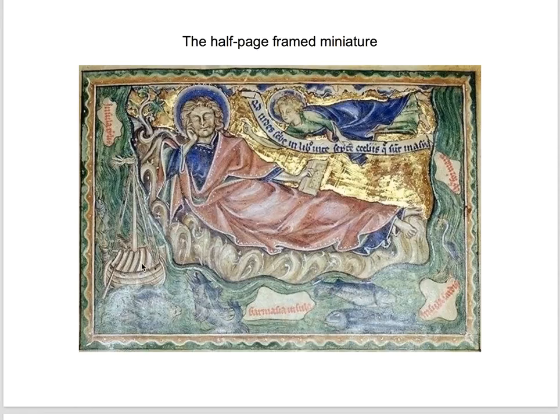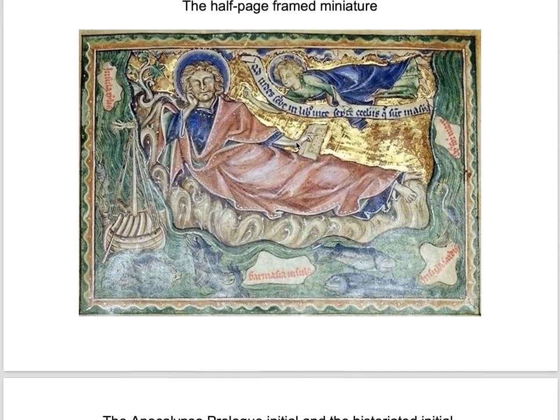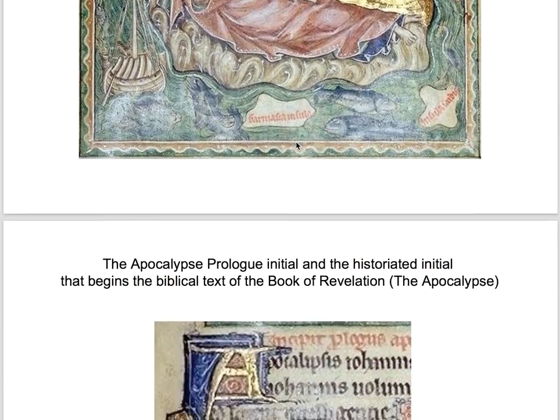Then we have a ship in the sea and other fish and sea creatures swimming around. So we've got this aerial view combined with a more typical frontal view of John, and an angel comes to visit him in a dream. The Book of Revelation is the story of John's dream, where an angel takes him through heaven.